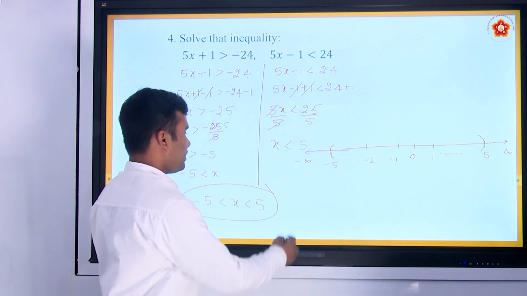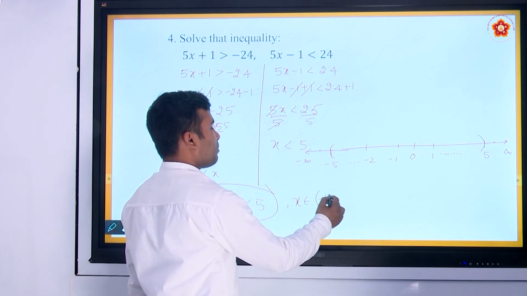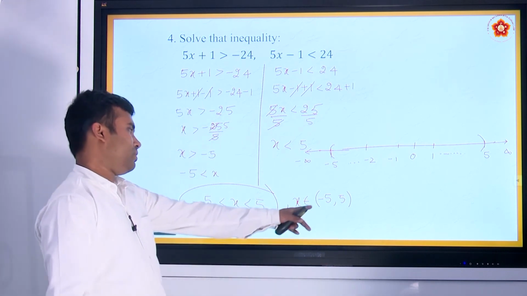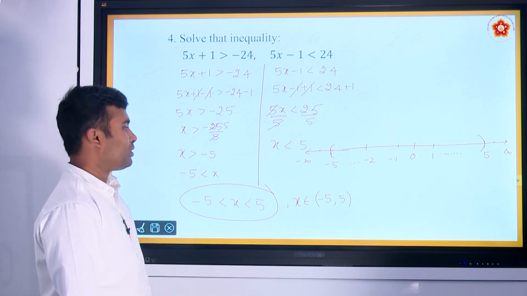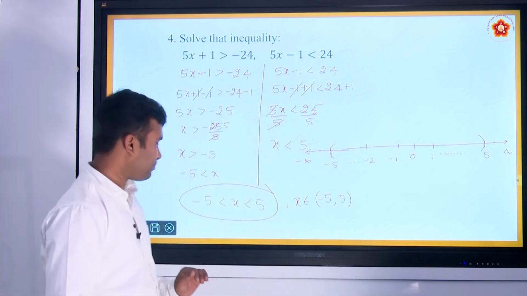Therefore, I can write x belongs to the open interval minus 5 comma 5. That means minus 5 and 5 are excluded. So the rest of the values for x are between minus 5 and 5.